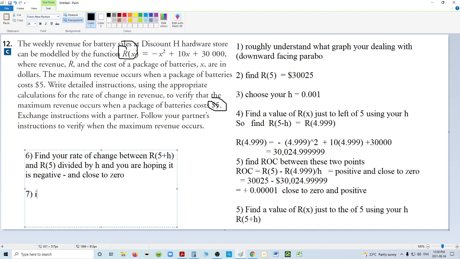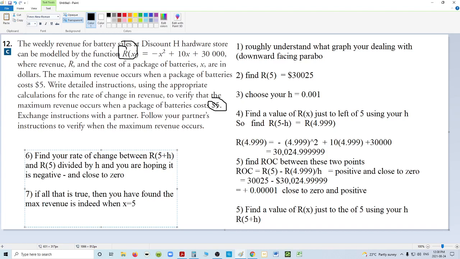Finally, if all of that is true, then you have found the max value, i.e. the vertex, max revenue, is indeed when x equals 5.